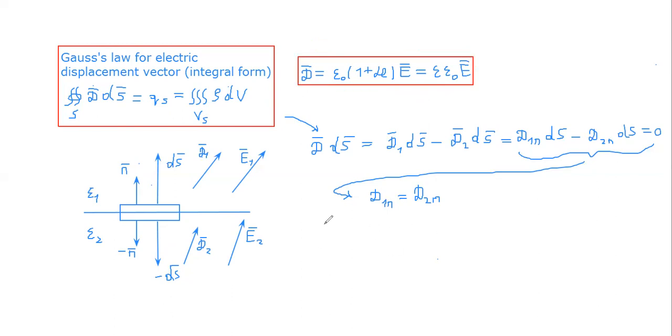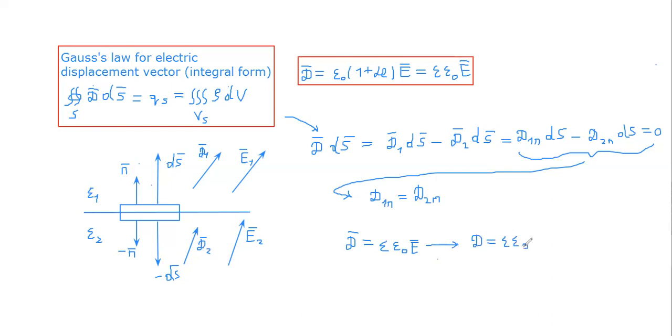So we can write that D is equal to epsilon 0 E, and as I have said before, for an isotropic dielectric, epsilon relative permittivity is a simple number, and if this is a simple number, we can write this formula without vectors.